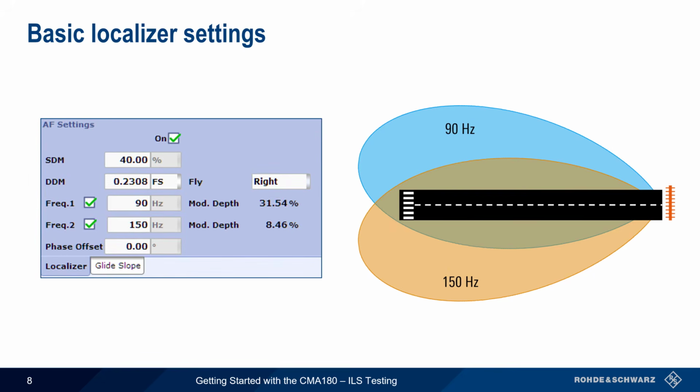None of these parameters need to be modified when generating standard localizer signals. The parameters DDM, or difference in depth of modulation, and SDM, or sum of depth of modulation, are however important when generating localizer signals, and therefore we'll spend the next few slides explaining or reviewing these in a bit more detail.